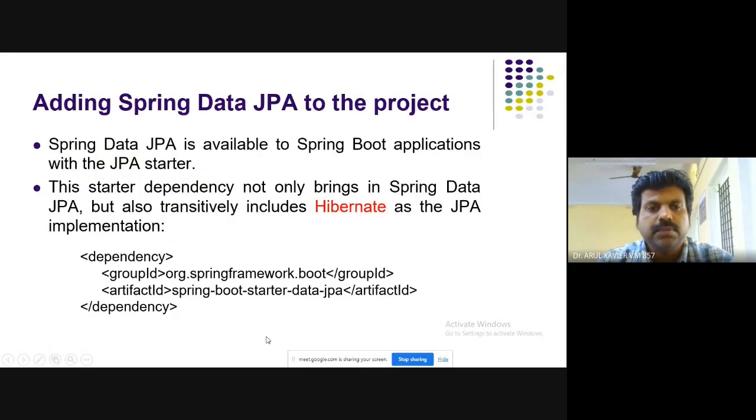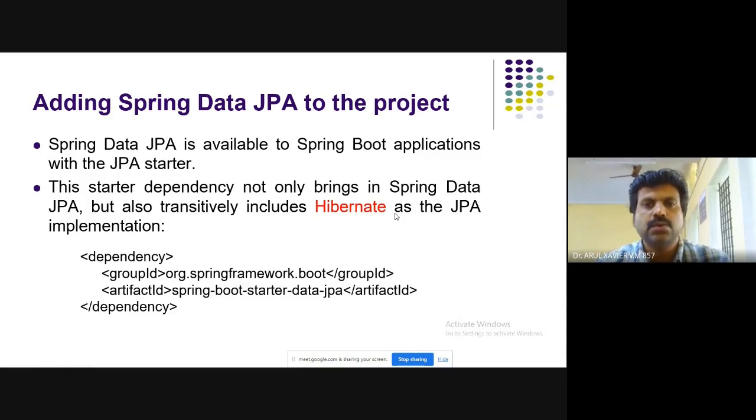So to integrate Spring Data JPA, we have to include the dependency called Spring Boot Starter Data JPA. When we discussed the demonstration, we discussed how to include the Spring Boot Starter dependency. This library provides Hibernate. As I told already, Hibernate is a software tool which provides object to relational mapping. A Java object is mapped with the relational table.